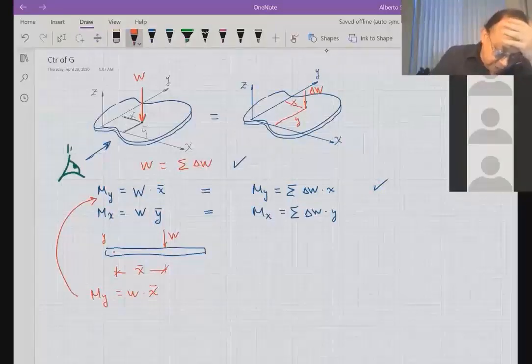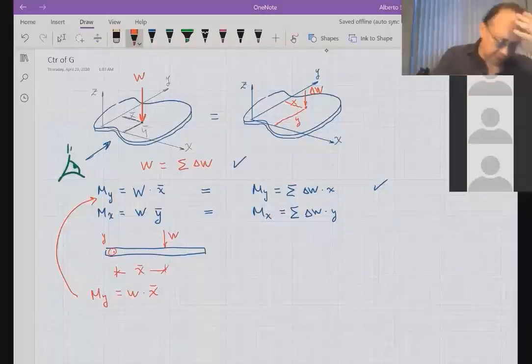And we can do the same in the other direction, basically the same. So now, when we are calculating here W times x bar, we say it is the moment of the force W with respect to point y, but point y is not a point; it's an axis that goes into the paper. And same thing here.